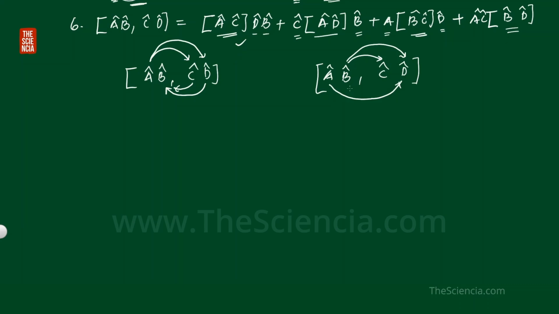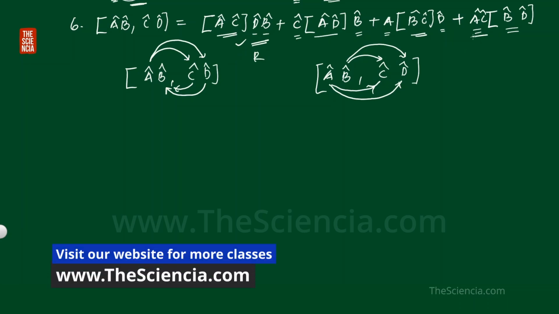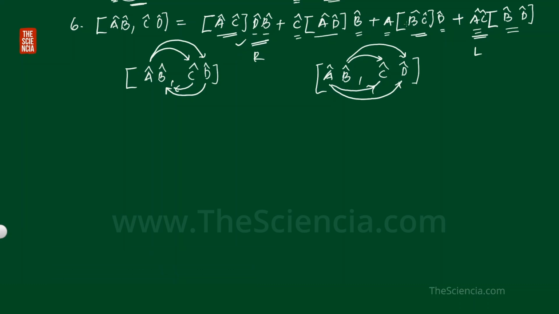So the remaining terms are A and C. For the first term, DB is on the right hand side of this commutator bracket, and for the last term, AC is on the left hand side of the commutator bracket. And for the other terms, in between terms, it is in the middle. So I think it will help you to remember the order.